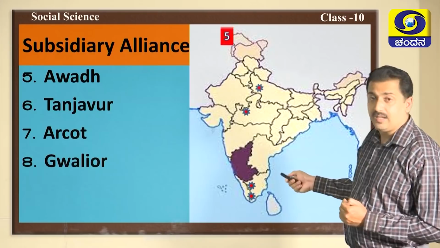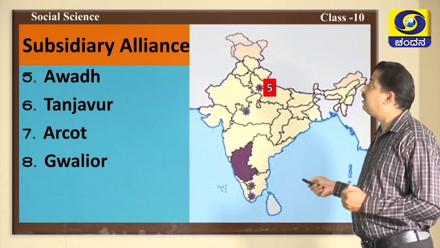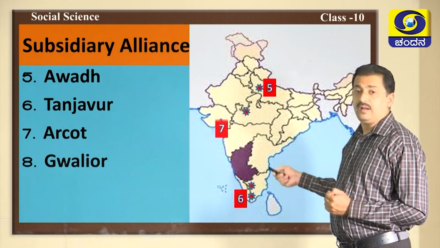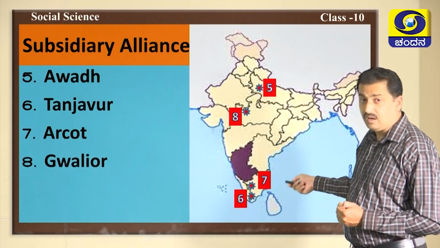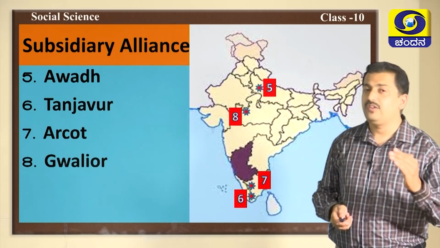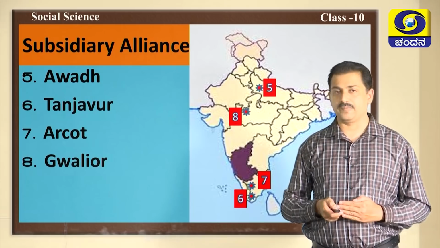Now, let us locate them on the map. First of all, the ruler of Awadh, the ruler of Tanjavur, likewise the ruler of Arcot, the ruler of Gwalior, all these signed for the policy of subsidiary alliance.